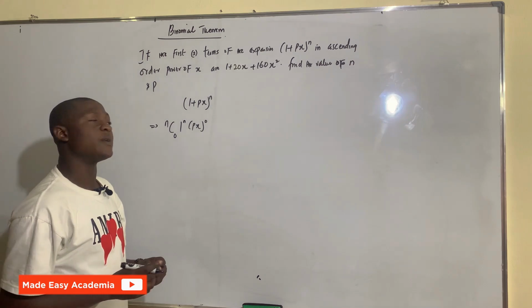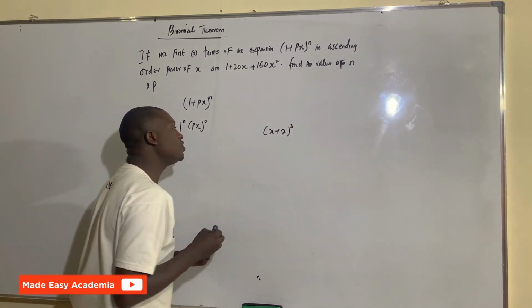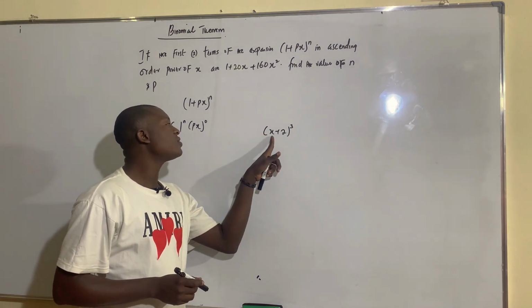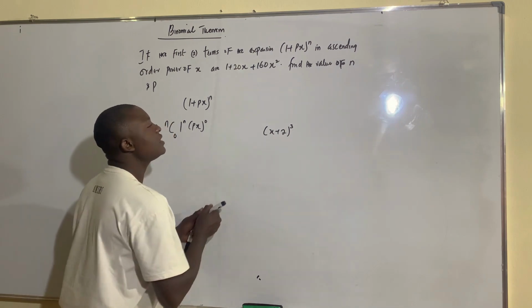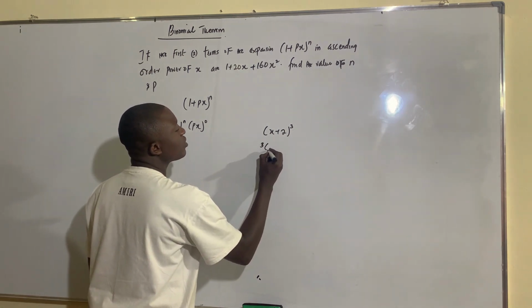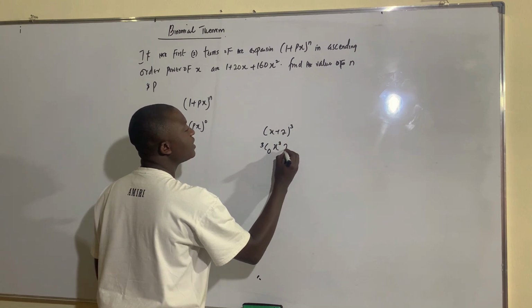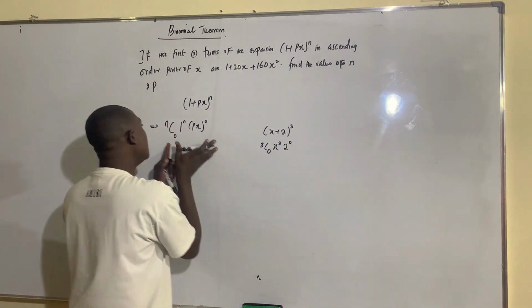Just like the way we do that expansion, if I have something like x plus 2 raised to the power of 3, I told you the combination values start from this power. The first term starts from this power, and the second one begins from 0, meaning we have 3 combination 0, then x raised to the power of 3 and 2 raised to the power of 0.